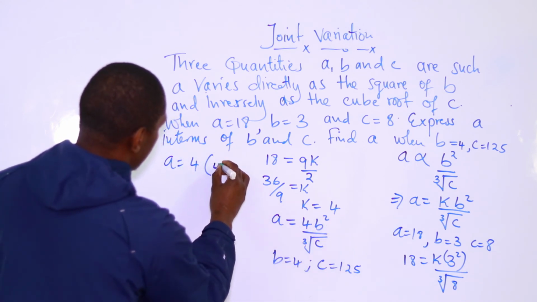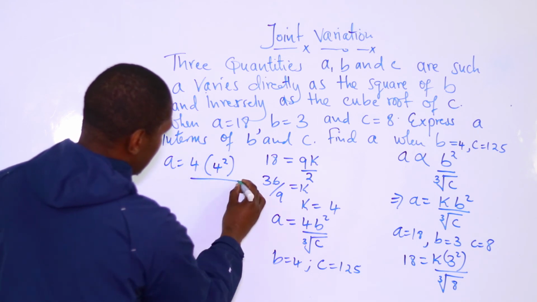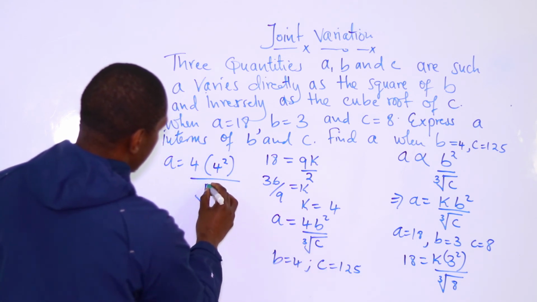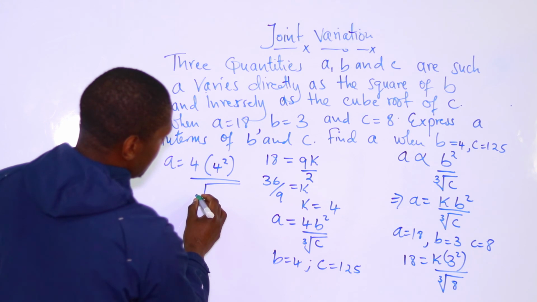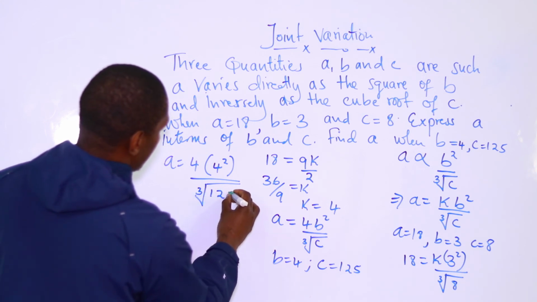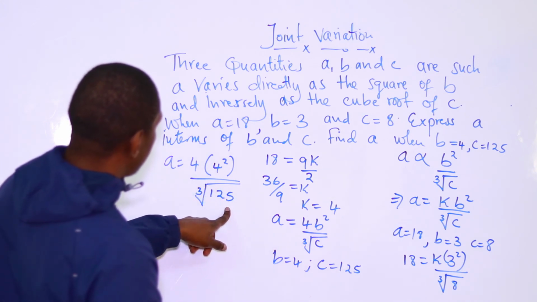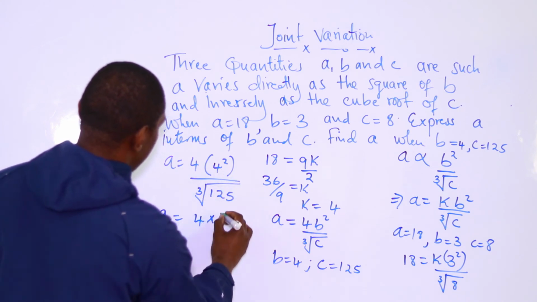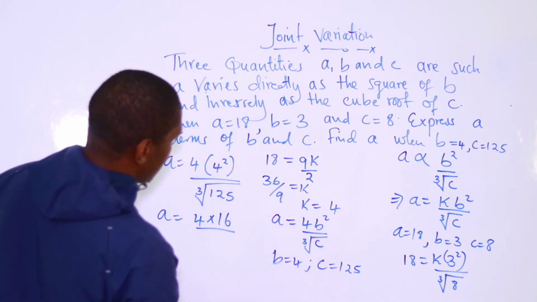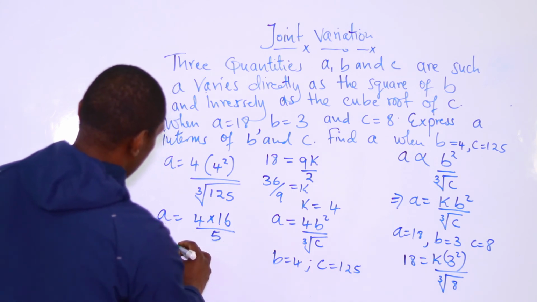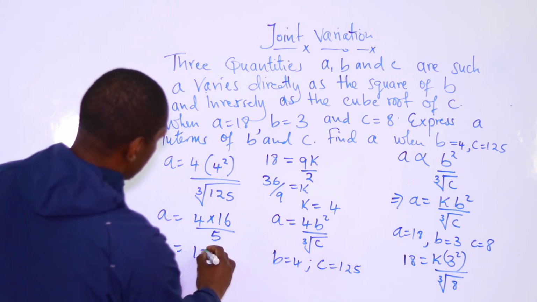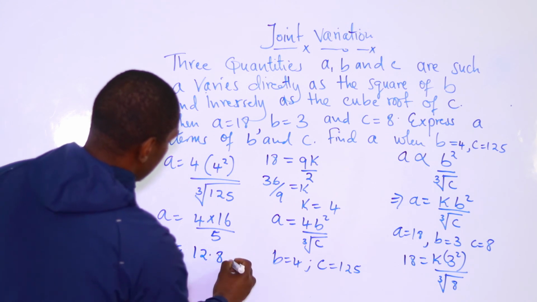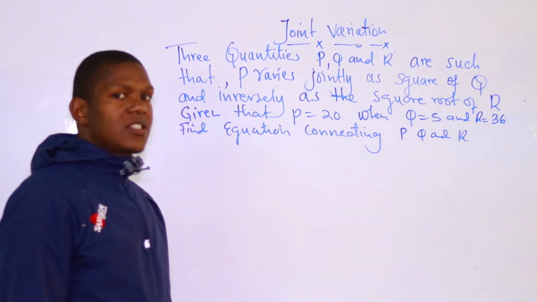Our b is 4, so 4 squared, then the cube root of 125. This cube root here is 5. So you have a is equal to 4 multiplied by 16 divided by 5. Do that in your calculator, you have 12.8.